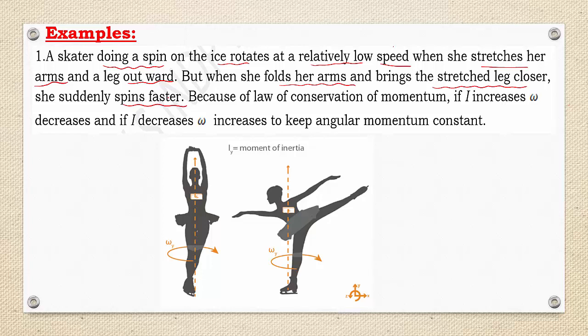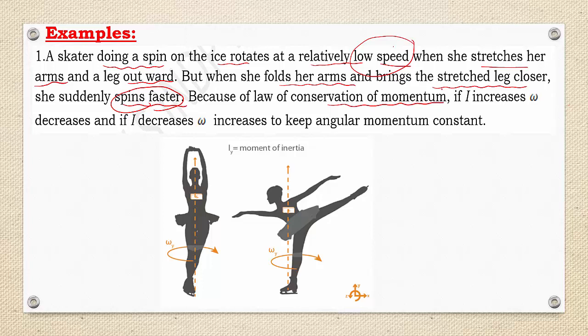So you can observe the speed here. When she stretches her arms and legs outward, speed is less. When she folds her arms and brings her legs very close, her speed increases. Why did this happen? It is all because of the law of conservation of momentum.